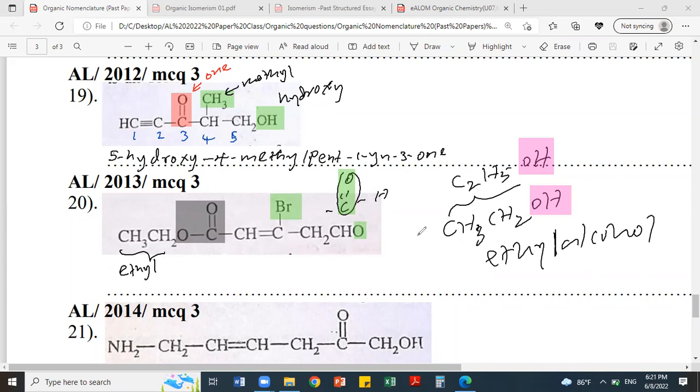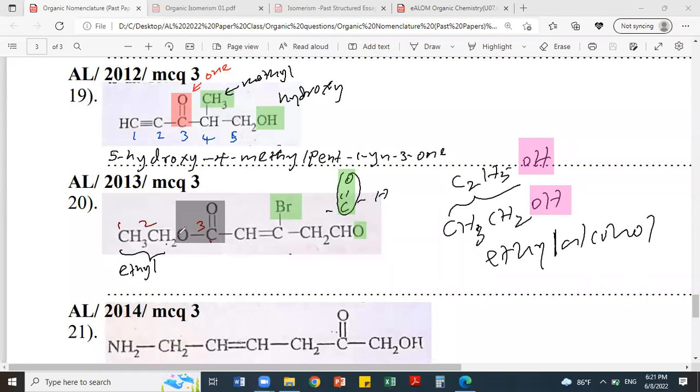Wait, 3 bromo, 5 oxo. Now this is also very important. When you number, you can't write 1 2 3 like this. Look at the screen. There's a gap here, because this oxygen is not directly attached; this CH2 carbon is not directly attached to this.